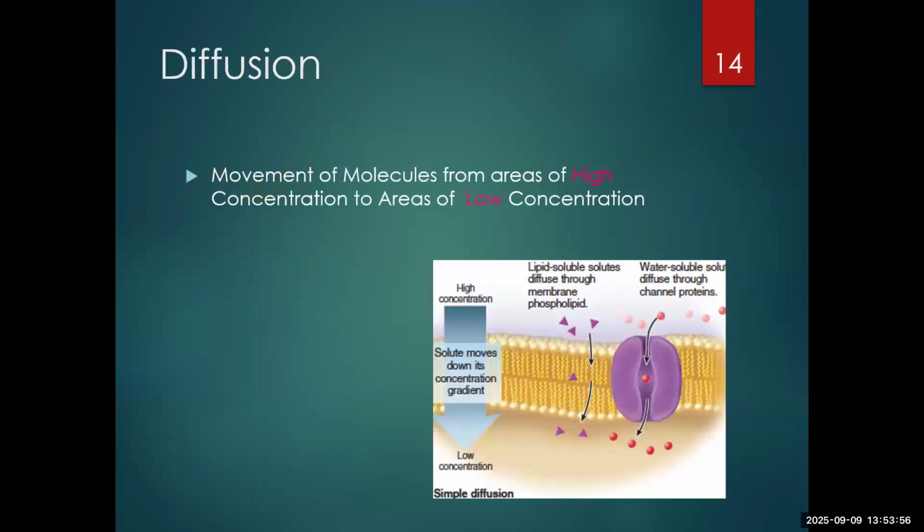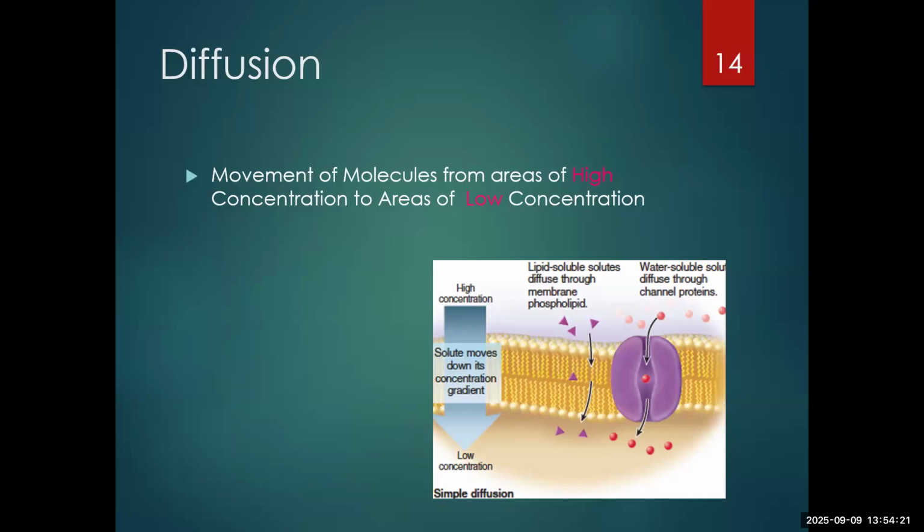Okay, so let's talk a little bit about these and why they're important to us. The definition of diffusion is movement of molecules or particles. It doesn't have to be molecules, it can be particles, from areas of high concentration to areas of low concentration.